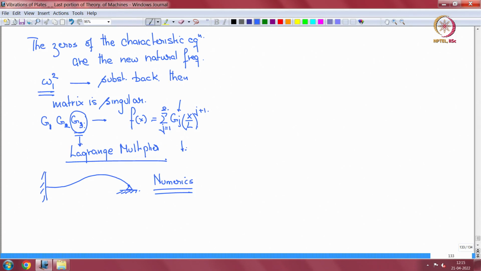And it has some defects. We will look at some defects and we will talk about another method which is called the penalty method. These are all augments to the Rayleigh-Ritz method.